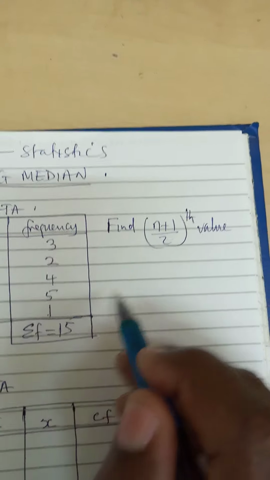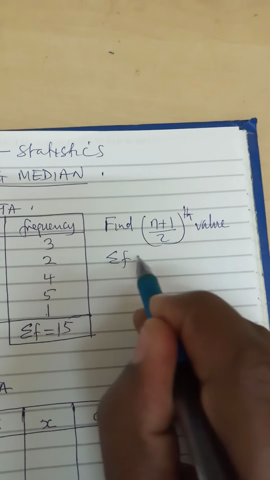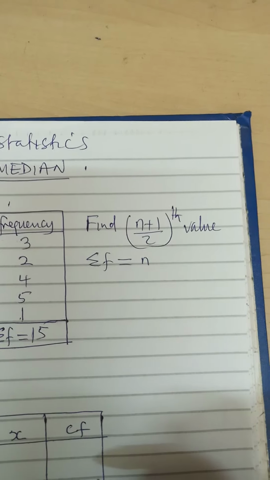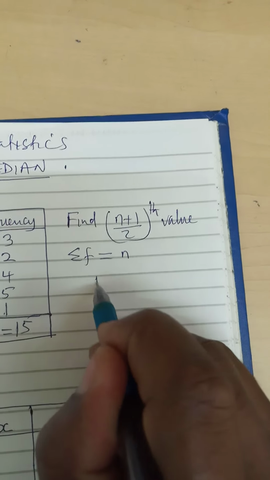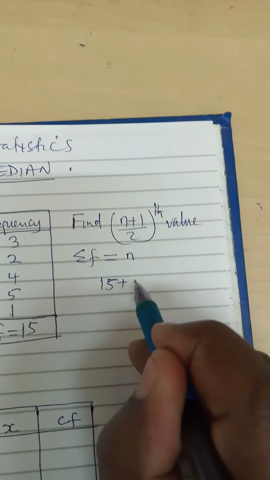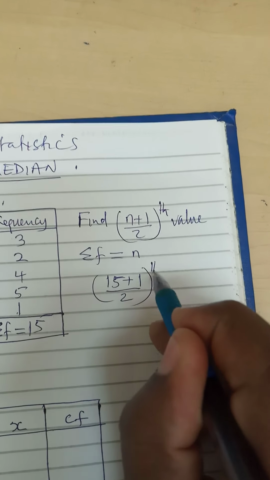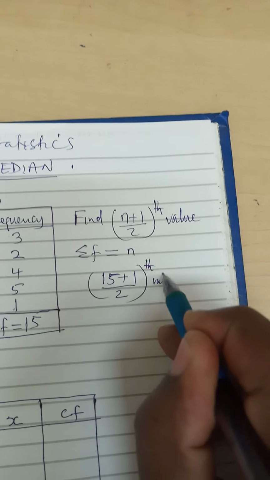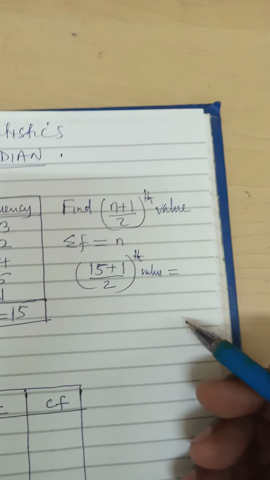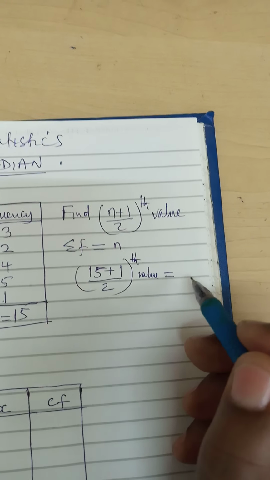After summing frequency, the summation of frequency is what will give us the n that we have there. So if we get 15 and we add on 1 and we divide by 2, that value gives us the 8th value.